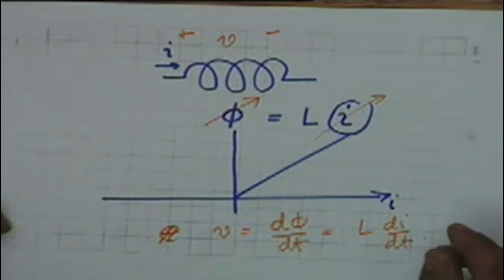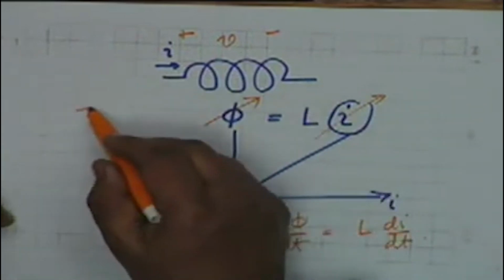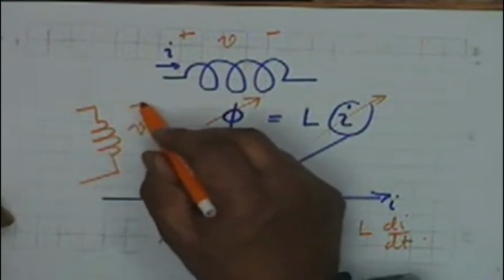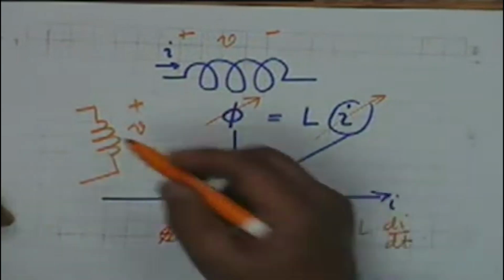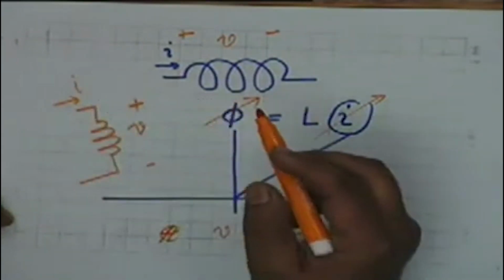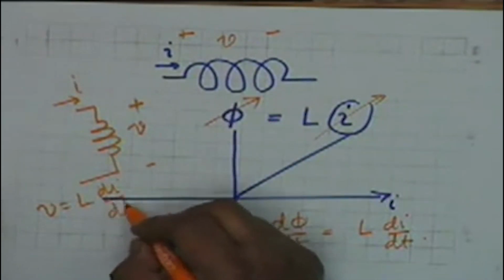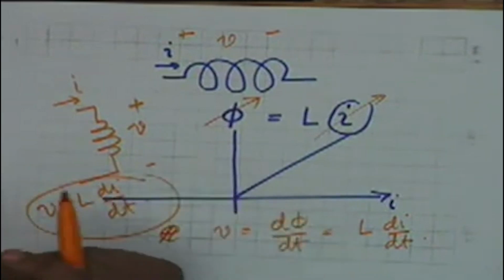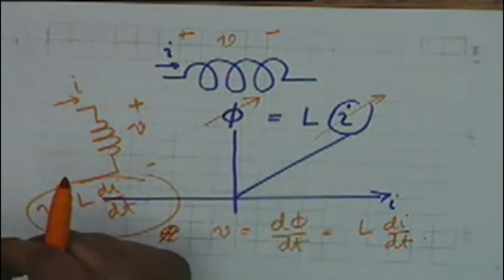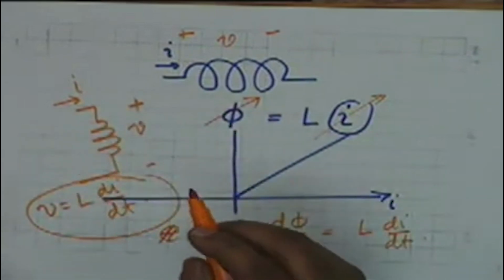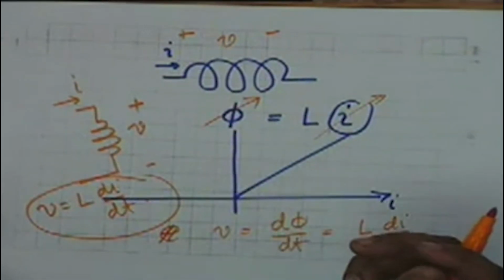Our convention would be that if this is the inductor, the potential difference is V, and the current is I, then V is equal to L di dt. Whenever we draw a circuit element called an inductor, this will be the sense of polarities that we shall adopt.